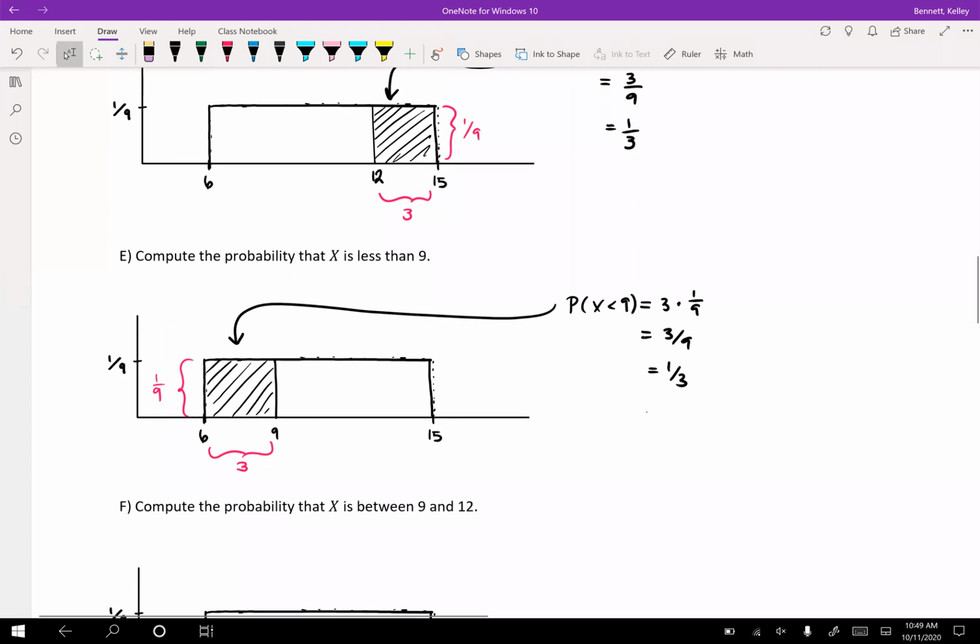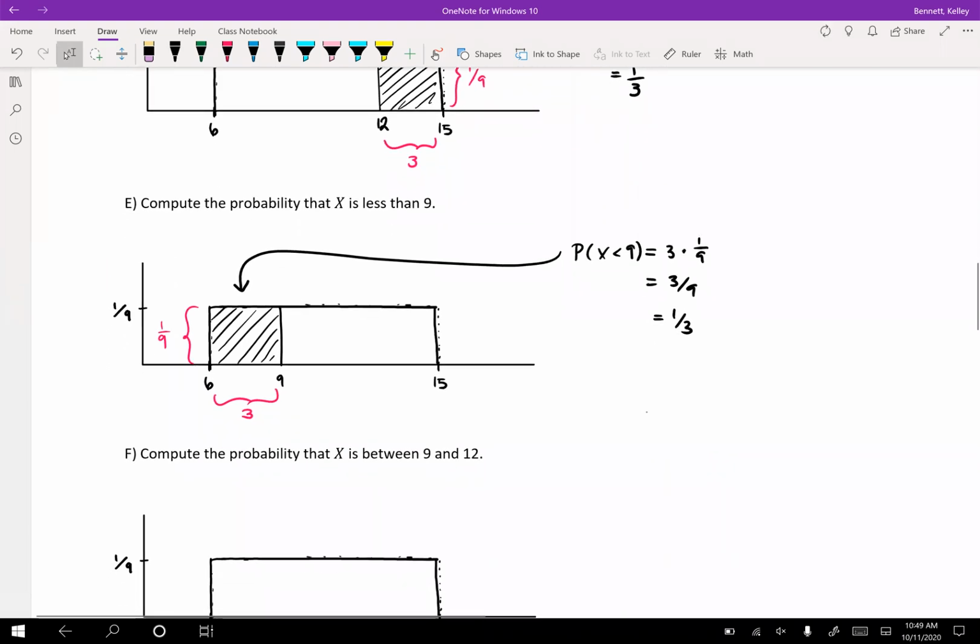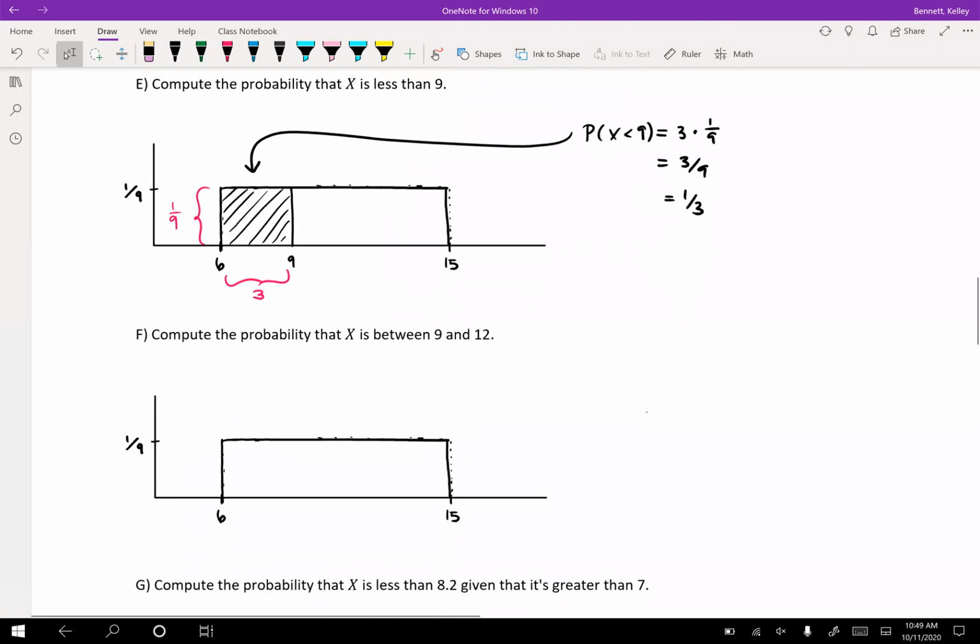If I want to compute probability between two values, it's as simple as just marking off where those values are, kind of determining what my region is, right? So if this is 9 and this is 12, I'm looking at this region here. So the probability that x is between 9 and 12, well, that's just the area of this region.